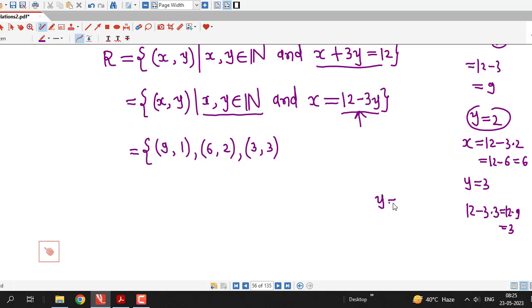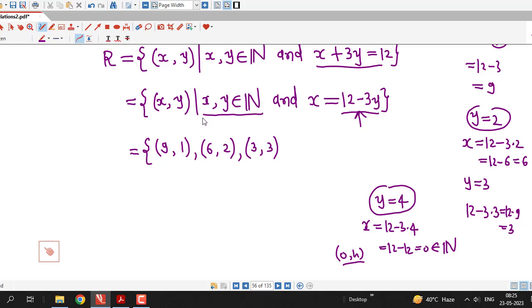Now suppose we consider y equal to 4 here, then x is 12 minus 3 into 4, that is 12 minus 12, which is 0. But 0 is not in the set of natural numbers. So we cannot consider this ordered pair (0, 4), because x is 0 and 0 is not in the set of natural numbers.